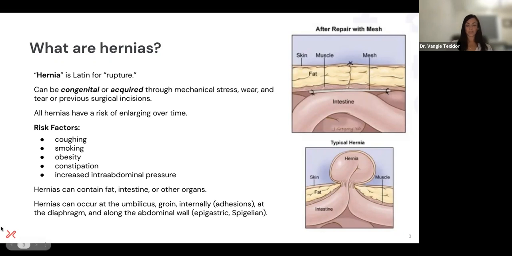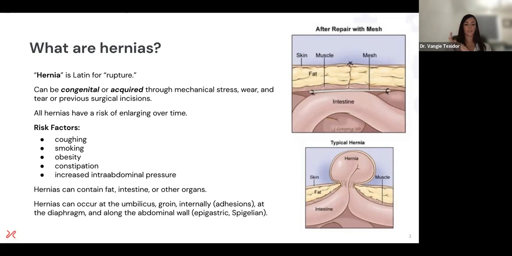So hernias can occur pretty much anywhere in your abdomen or anywhere you've had an incision, including your belly button and your inguinal area, which are the most commonly seen. We can also have internal hernias from adhesions from different surgeries or from defects left from previous surgeries, where the bowel gets in through that defect or adhesion and gets twisted or stuck in there.